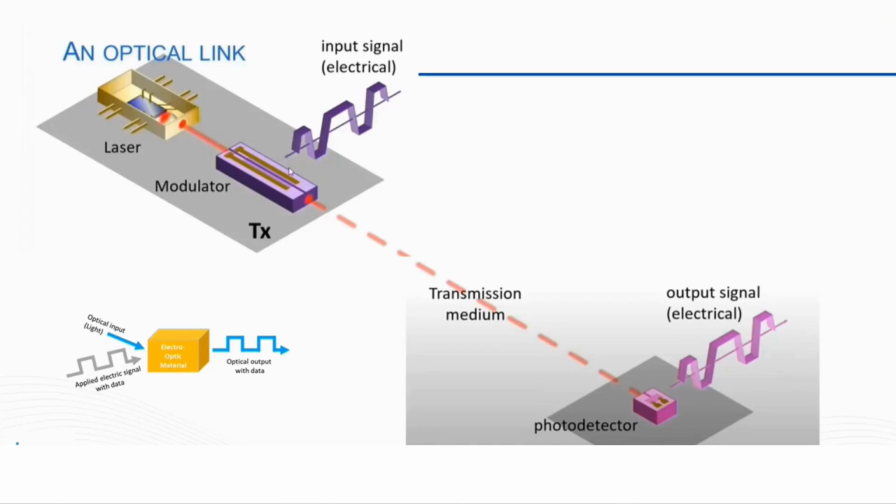The electrical signal comes to the modulators, and as you see in this picture, the electrical signal is carried by the optical signal, and then on the photodetector side it is converted back to an electrical signal. In this picture it is quite easy to see: the blue one is light, this one is the electrical signal, and you can see that the electrical signal is carried by the optical signal. So today we are going to focus on photonic modulators.